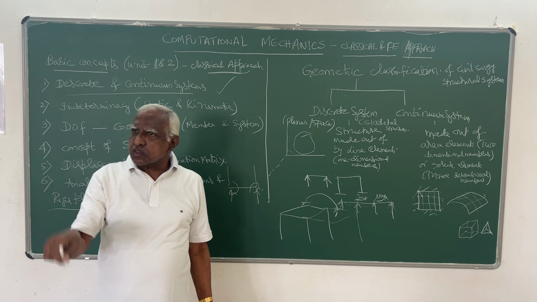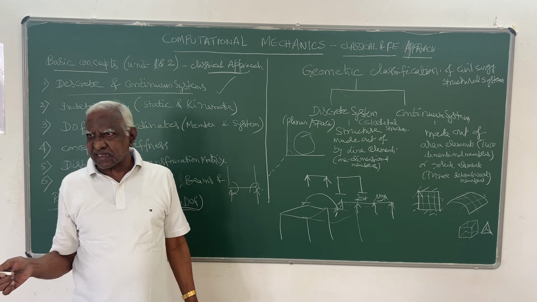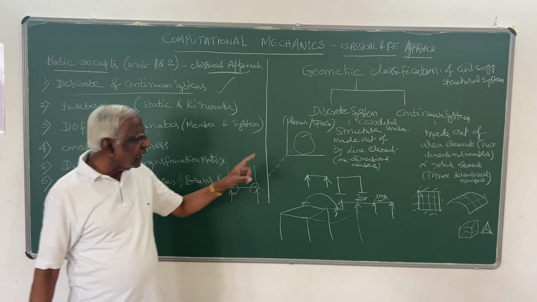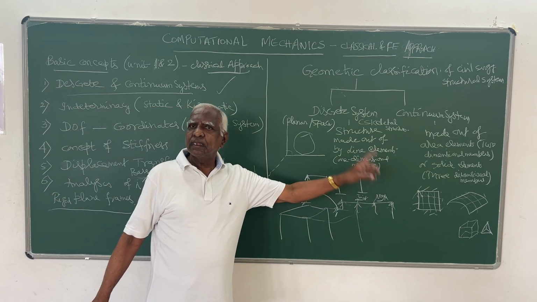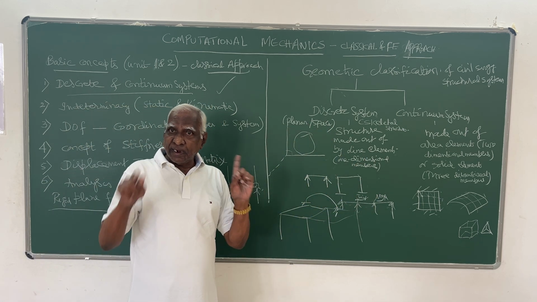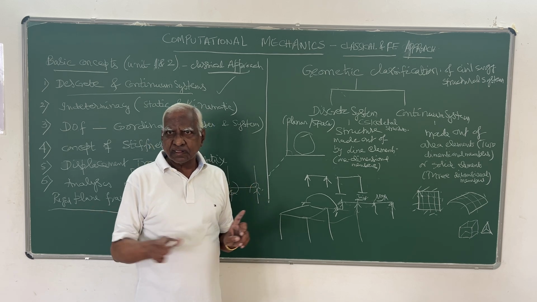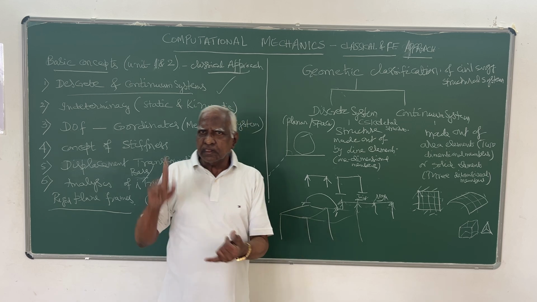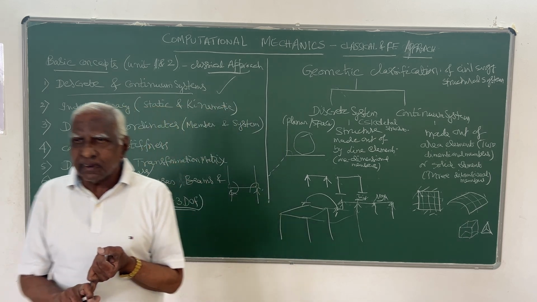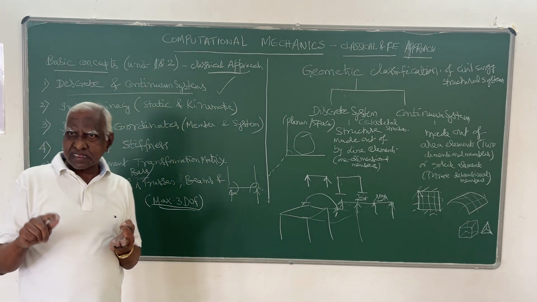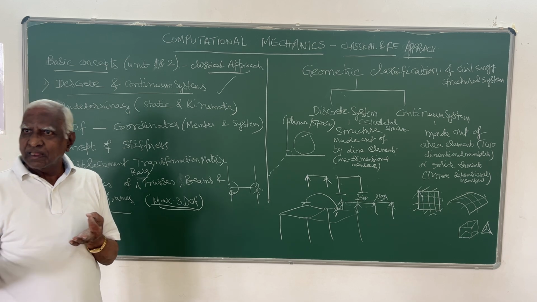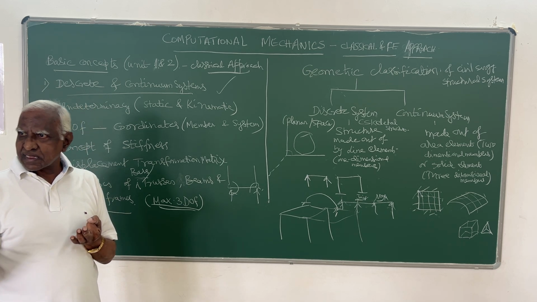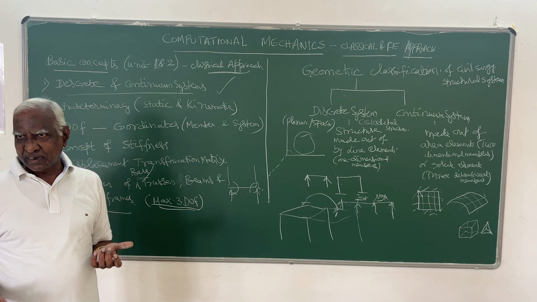And all the unknowns that we are determining during our analysis, that is internal forces as well as displacements, are considered only at the joints of the structure. These unknown forces and displacements at various joints are going to be determined by three conditions: equations of equilibrium, compatibility conditions, as well as boundary conditions.